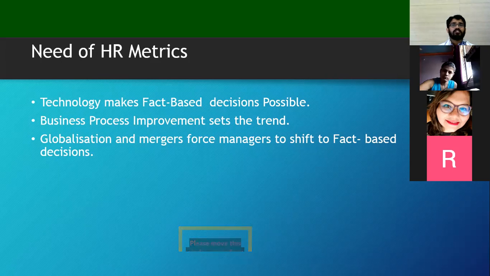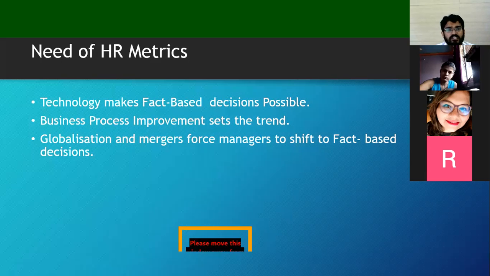So that is the need of HR metrics. Because data is available, you can prepare metrics and then use them for fact-based decision making.